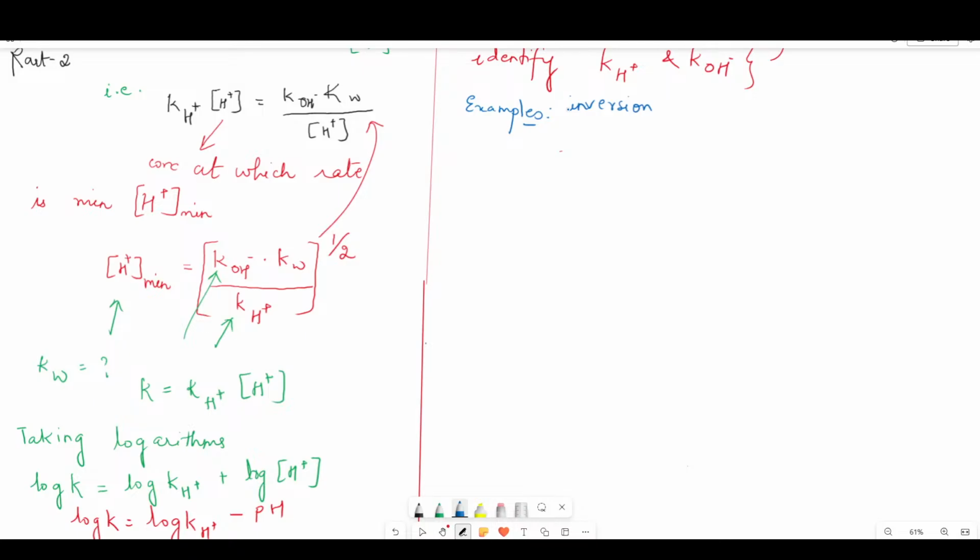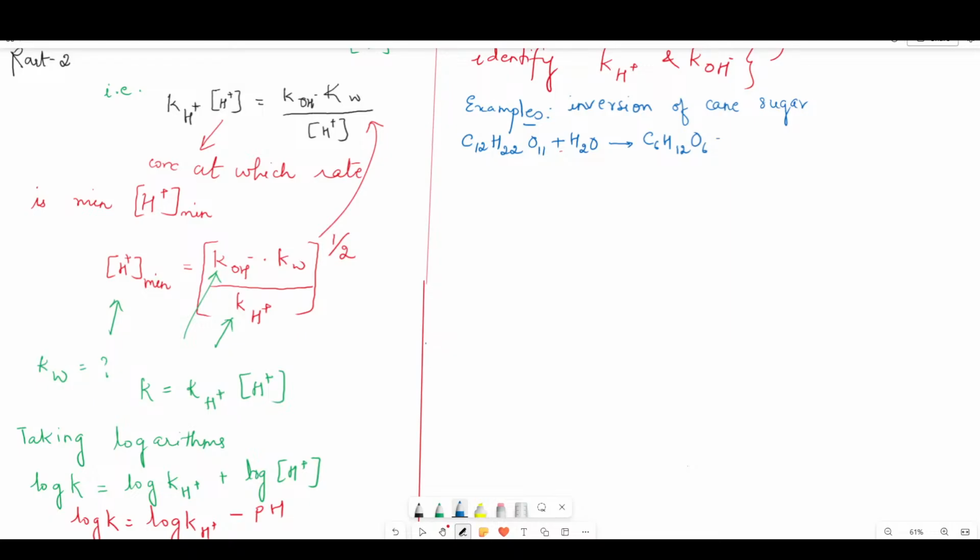Inversion of cane sugar, that is C12H22O11 plus water will give us C6H12O6 plus C6H12O6.